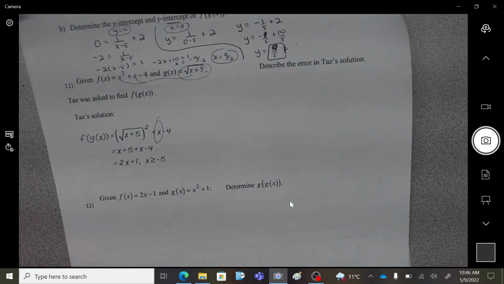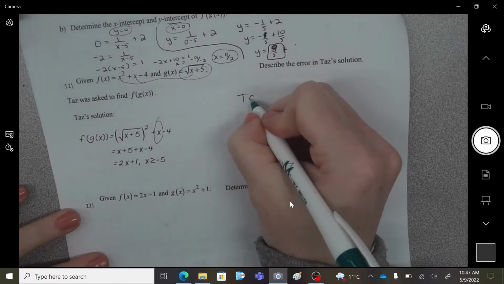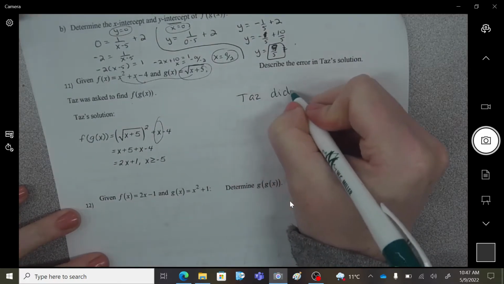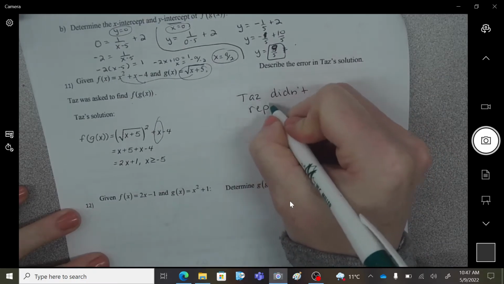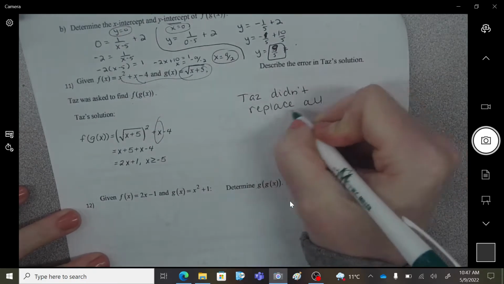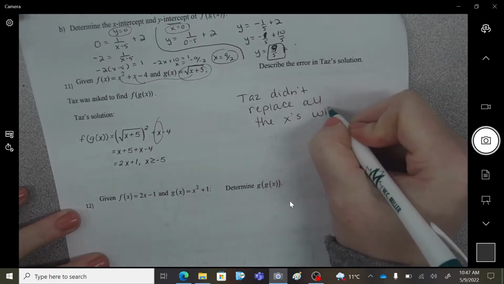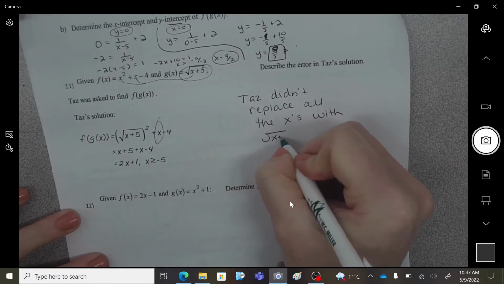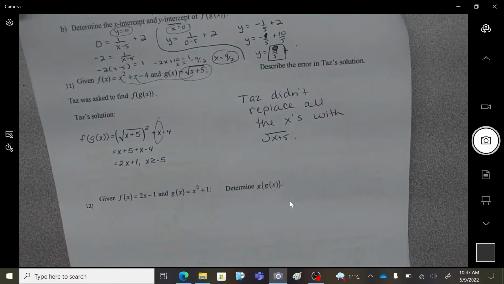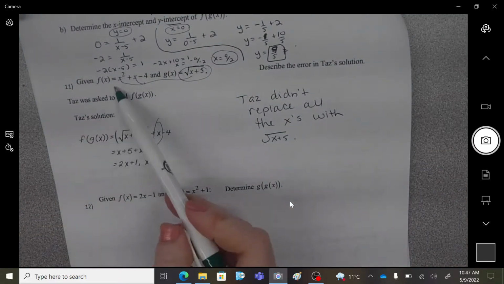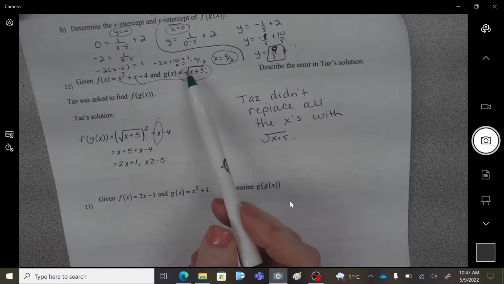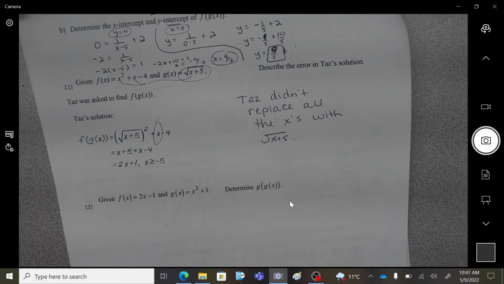Didn't replace the input position. So you have to replace every x with this as the new input.